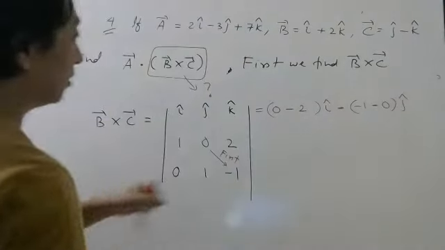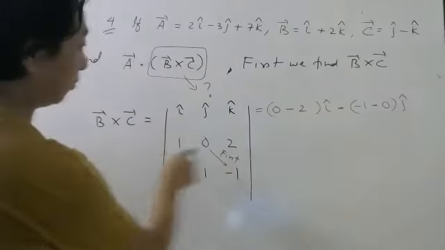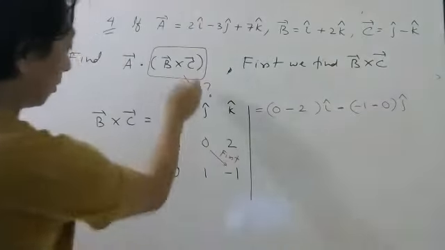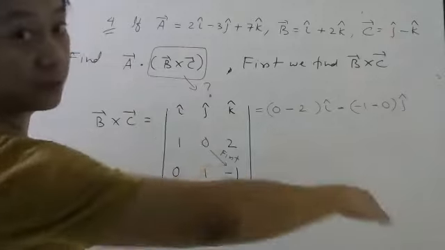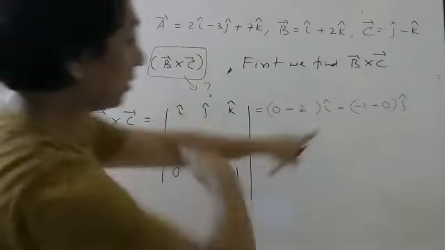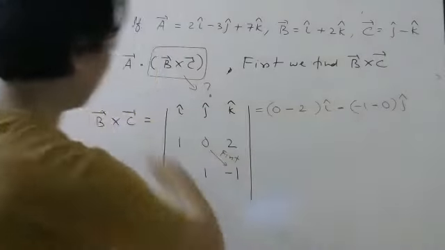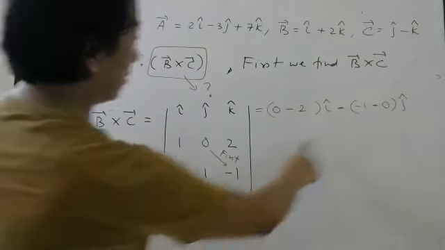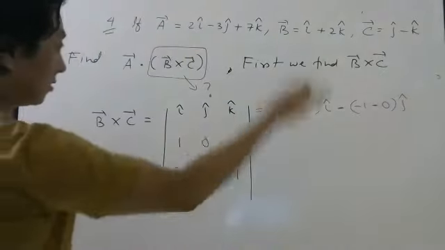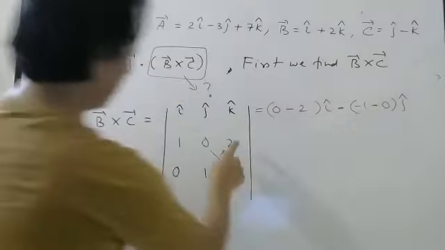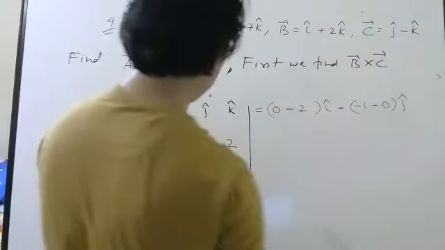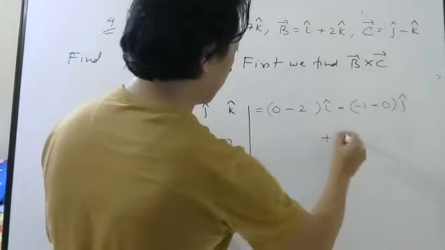Correct? So for the next component, to find the Y component, you should forget about this column. Then always multiply this way first. That's why this minus sign is important. So 1 into minus 1, minus 1, minus 2 into 0, 0. Then next is plus.